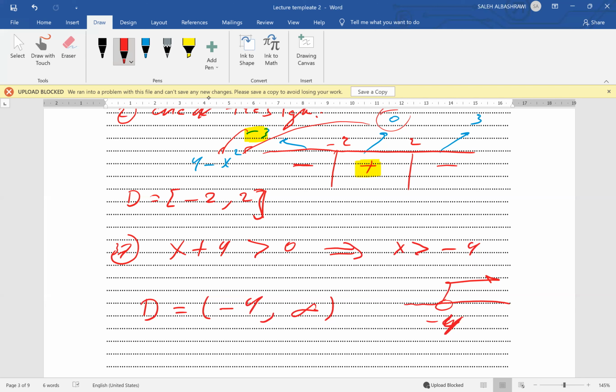If the square root is in the denominator, then we don't have equality. It must be greater than 0 only. That will give me an inequality. Solve it, and the solution will be the domain of the function. So this is how to find the domain of a function.